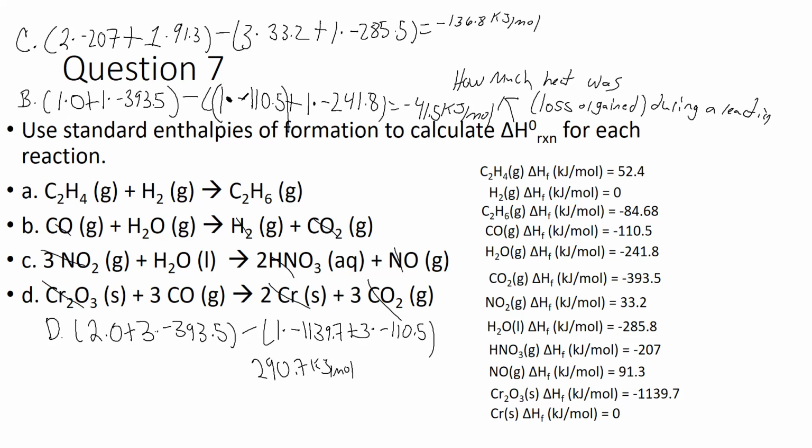So I have like 1 times negative 110.5 in its own parenthesis, plus 1 times negative 241.8 in its own parenthesis, and that's in one big parenthesis. That will make sure 100% the order of operations follows what I want it to follow.